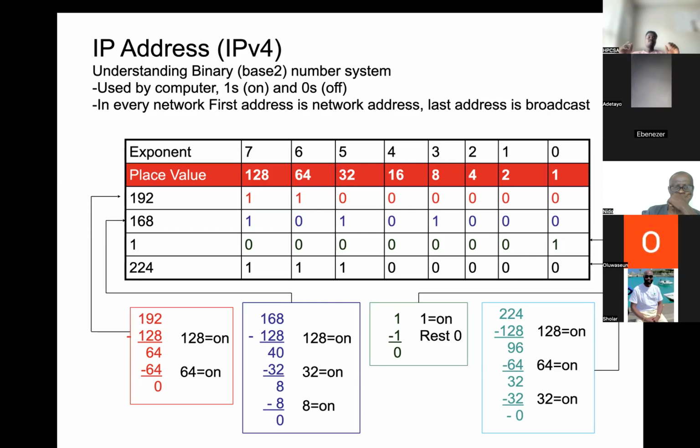To be honest with you, there are calculators on the internet that can calculate anything for you, so all this is just the manual process. When I work, I have a calculator saved on my tab that helps me calculate things. So 192, 128, 64, 32, 16, 8, 4, 2, 1.